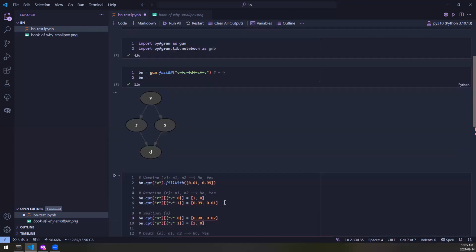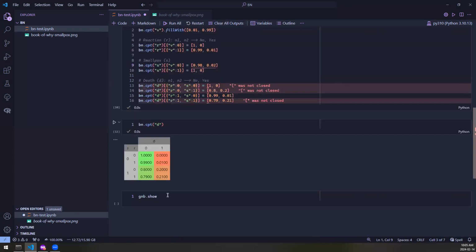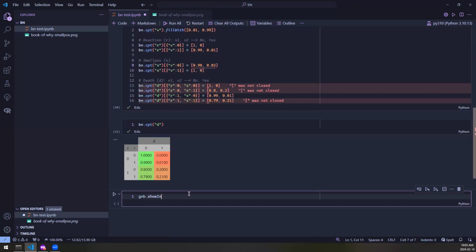GNB is what we imported over here at the very beginning, but we didn't use it so far, okay? GNB.show inference. We are not going to do any inference right now, but we are going to use this method just to see our Bayesian network, okay? So show inference is expected to have two inputs.